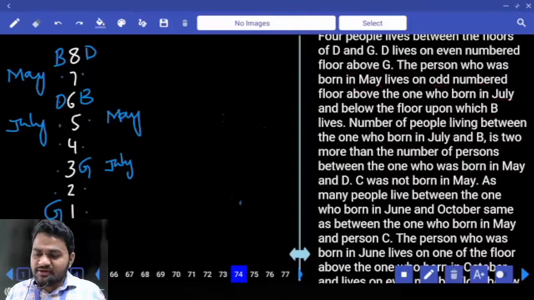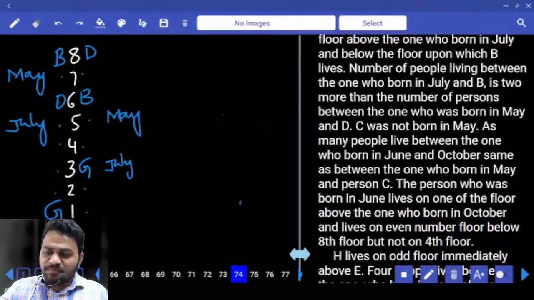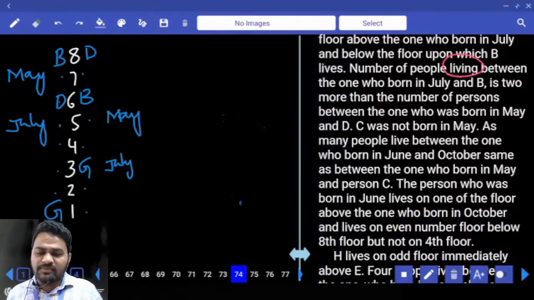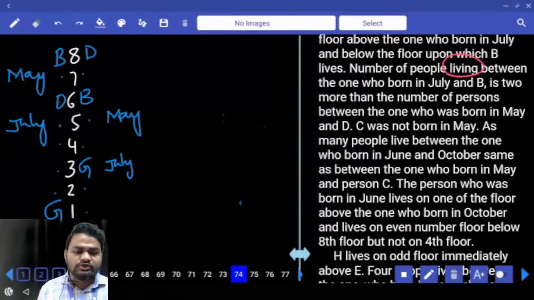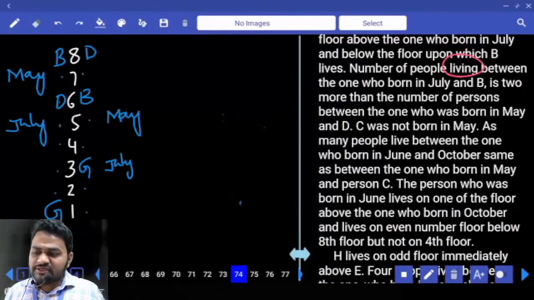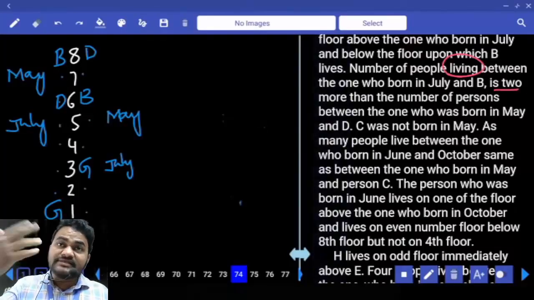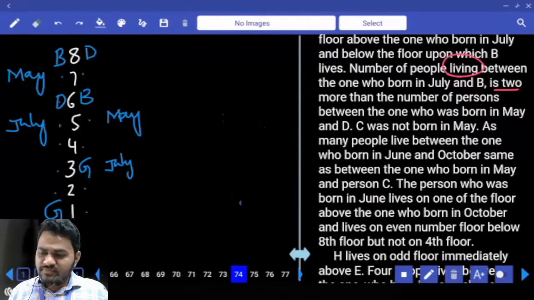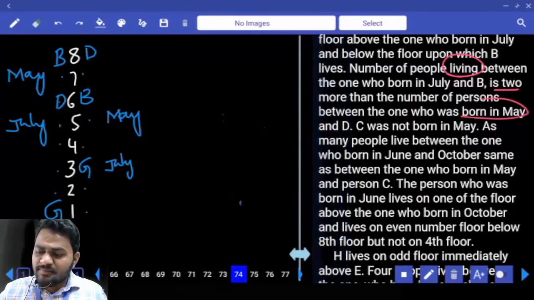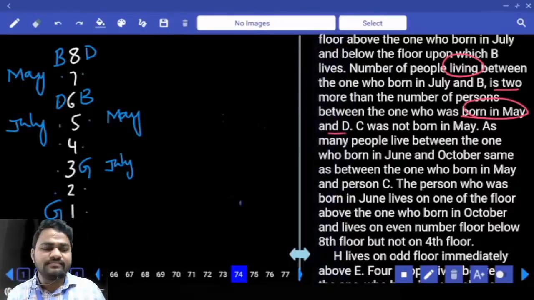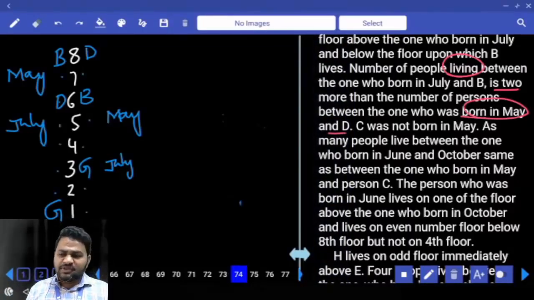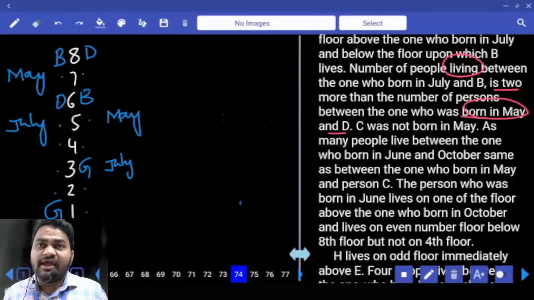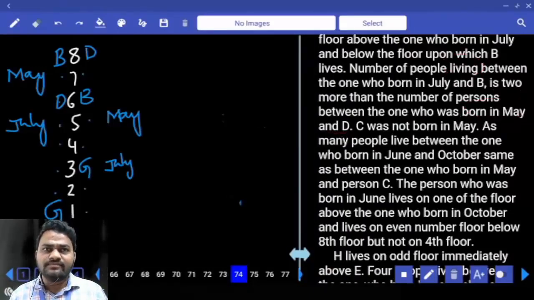The next one: the number of people living between the one who was born in July and B is 2 more than the number of persons between the one who was born in May and D. May and D. So it is talking about floors exactly, right?